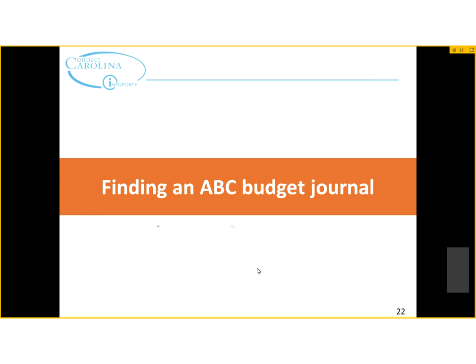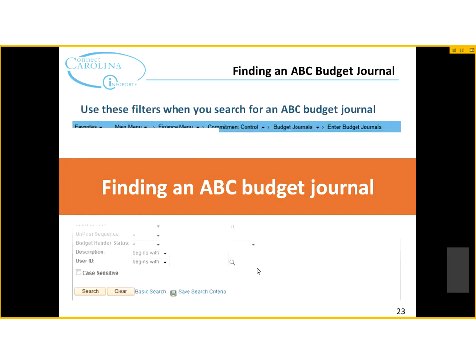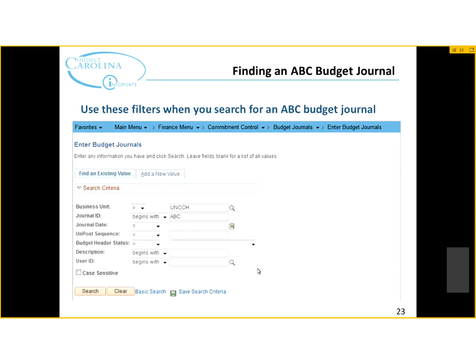If you need to look at a particular budget journal, these are called the ABC budget journals. You would use these filters to do this. In Connect Carolina, you would go from the main menu to the finance menu, commitment control, budget journals, and enter budget journals. These are not transfers, so you would always look under enter budget journals.